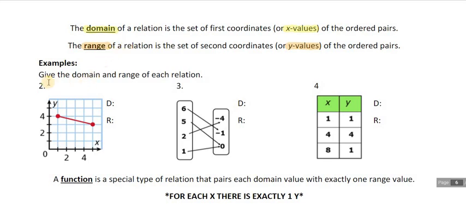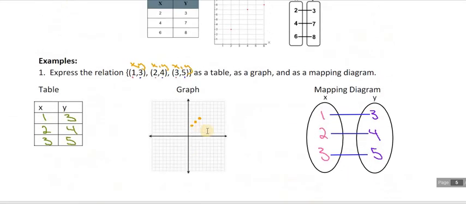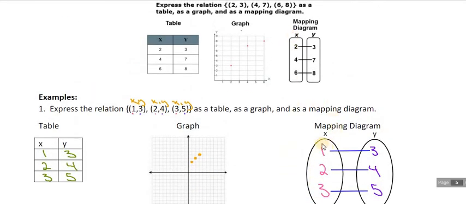So I'm going to skip number 2 for now because that's a continuous graph. That's going to require a little bit of interval notation, which is a little trickier. So we're going to start with number 3. And remember, with the mapping diagrams, X is our first column, rectangle, whatever it may be. Y is your second.